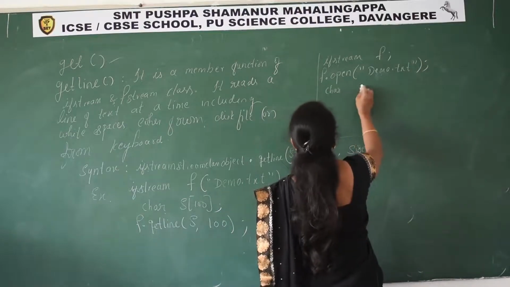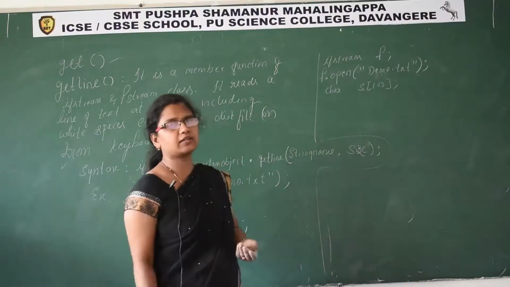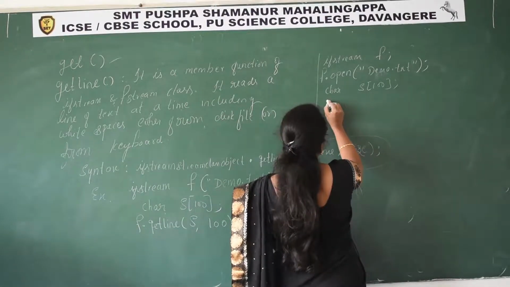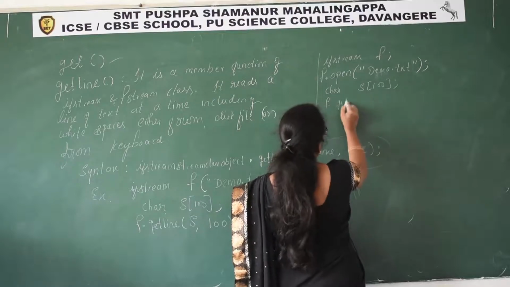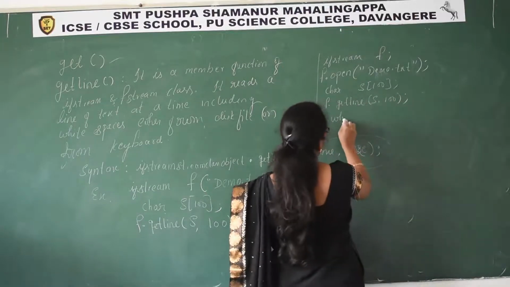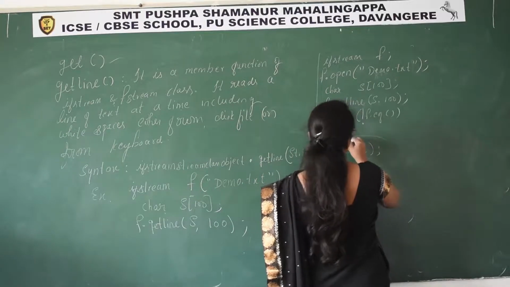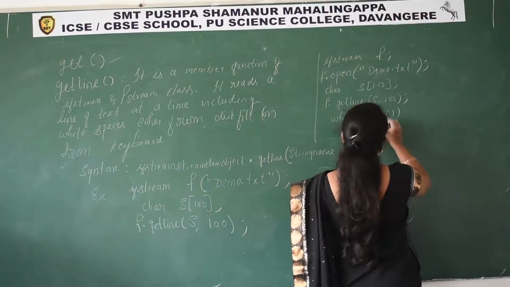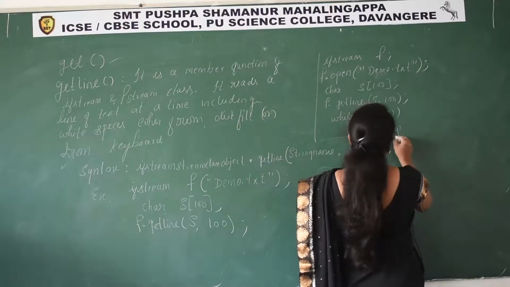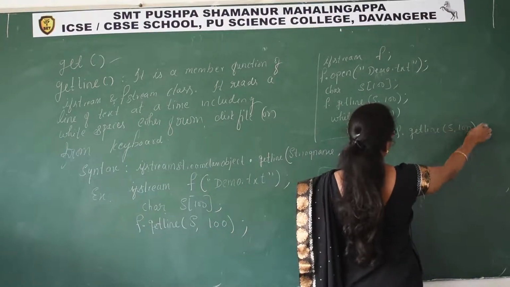Because we need to take one line at a time, a line of text, a sequence of characters, how do we store it in a program? In a string. Now, f.getline(s, 100) while (!f.eof()) { f.getline(s, 100).